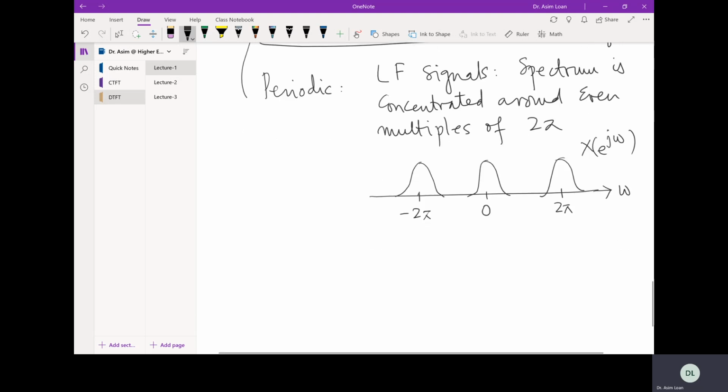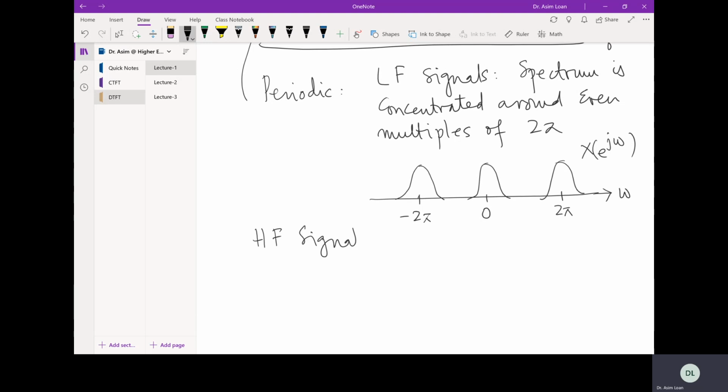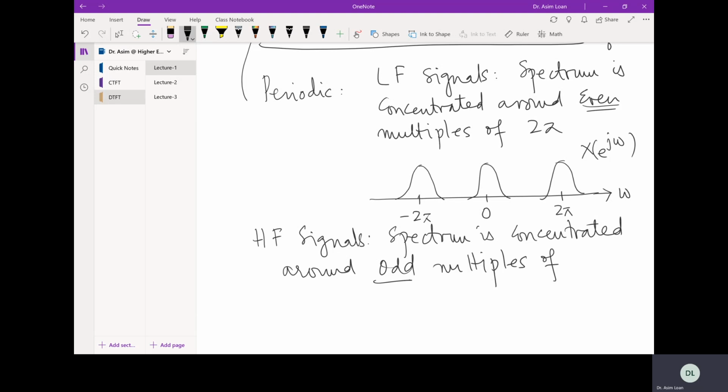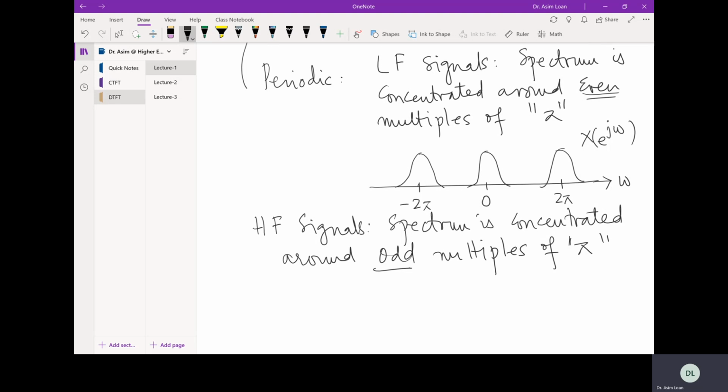And for high frequency signals, the spectrum is concentrated around odd multiples of pi.